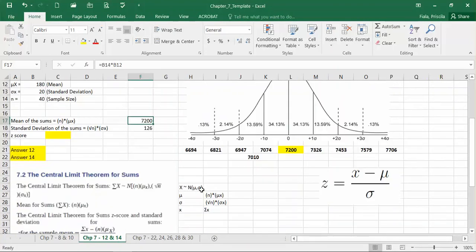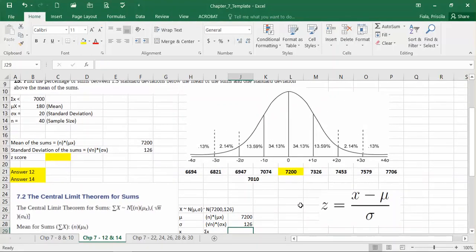Define that as a regular normal distribution like we did in chapter 6. We just have defined that the mean would be 7,200, the standard deviation would be 126, and the x value would be the sum of my values, which is 7,000.